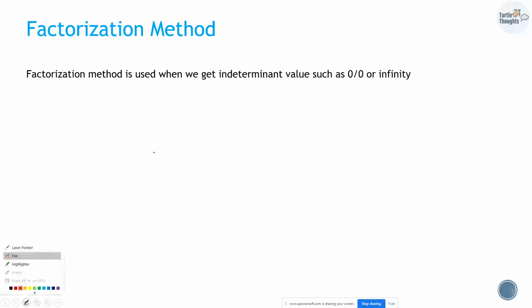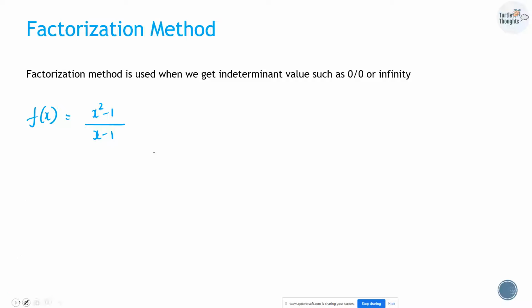Now, let me take the question which I had taken at the beginning of the class. So f of x is equal to x square minus 1 divided by x minus 1.